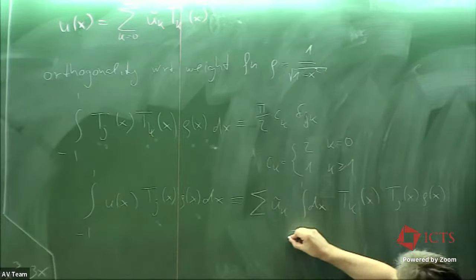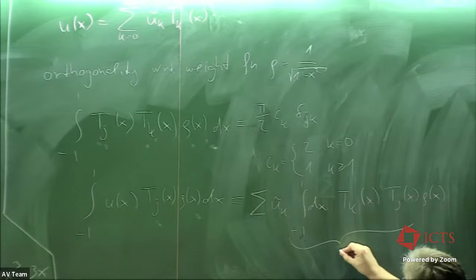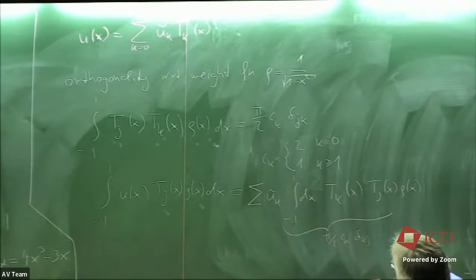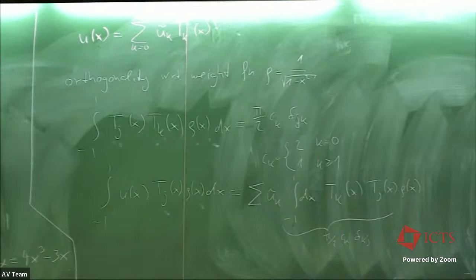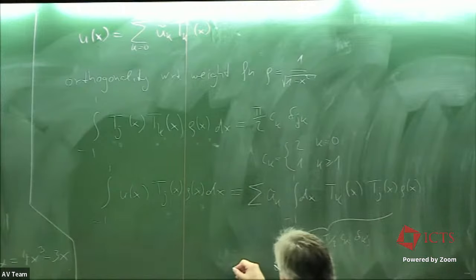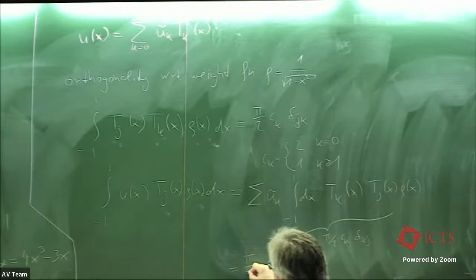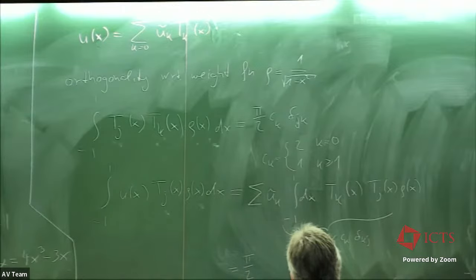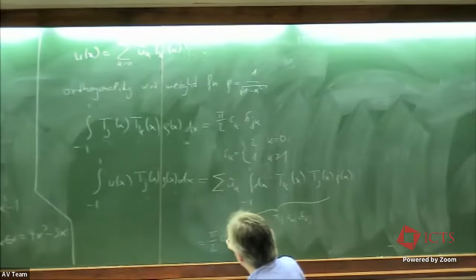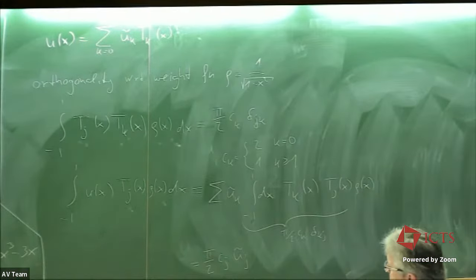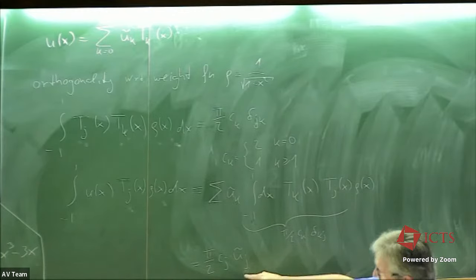And this is now no big surprise: exactly our Kronecker delta function, because this is how we have arranged this. And so we have a bunch of coefficients, pi over 2, c_j, u-tilde_j.